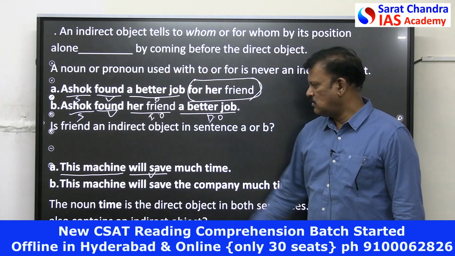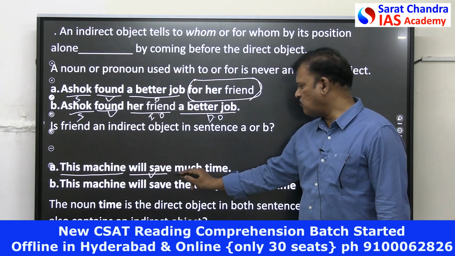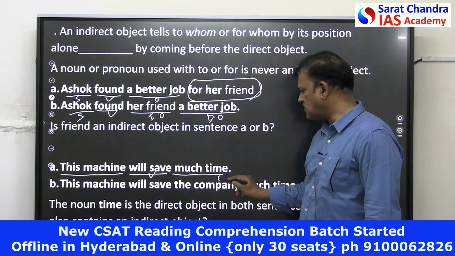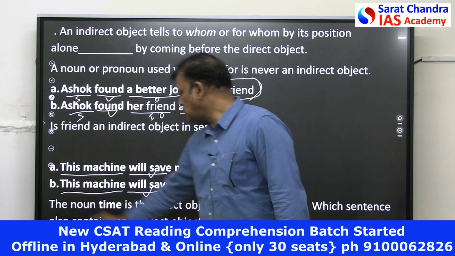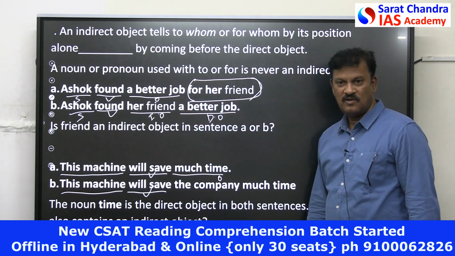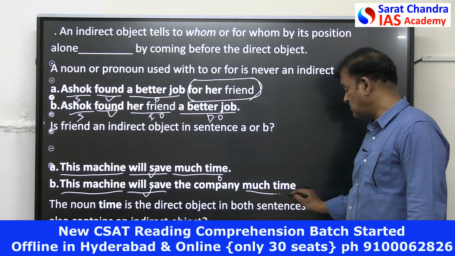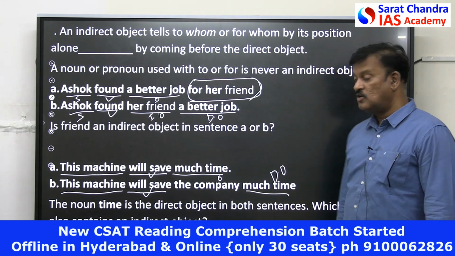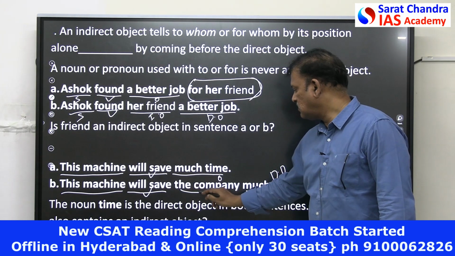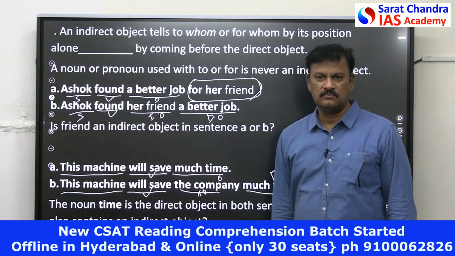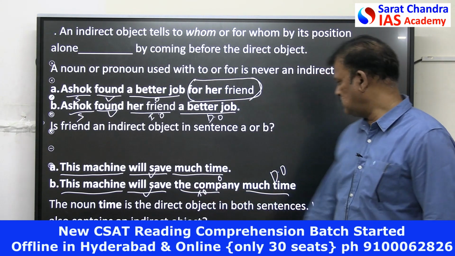Machine. What will save what? Object. Then verb. What will save what? To what? So, clear? Fine.